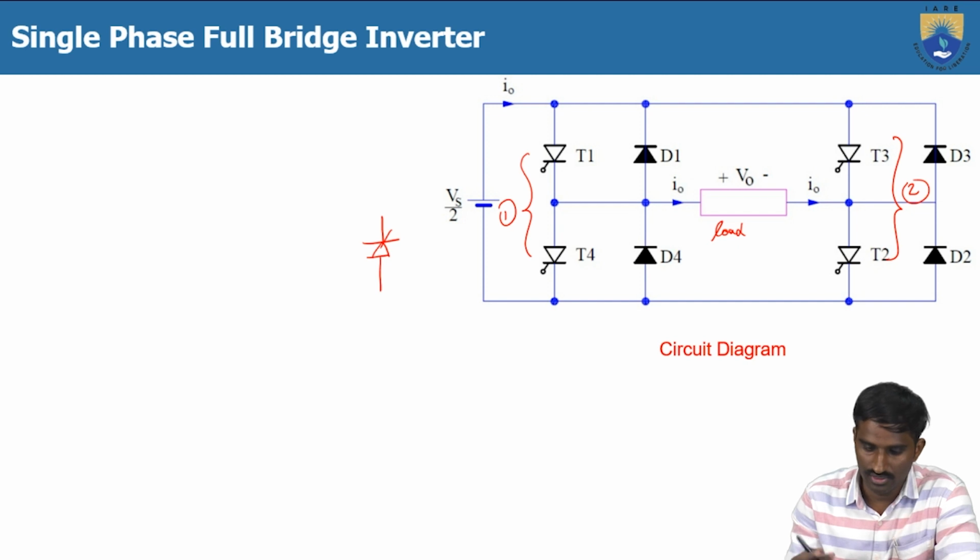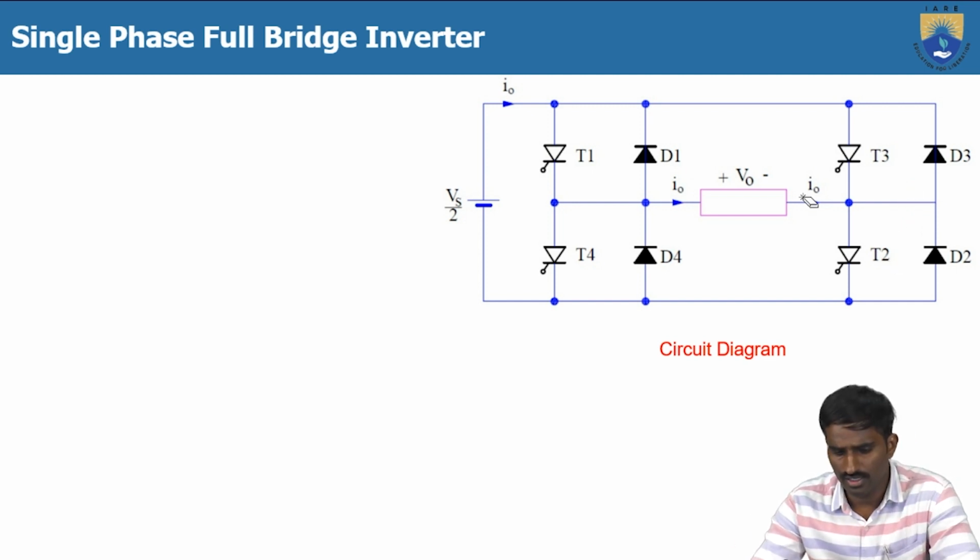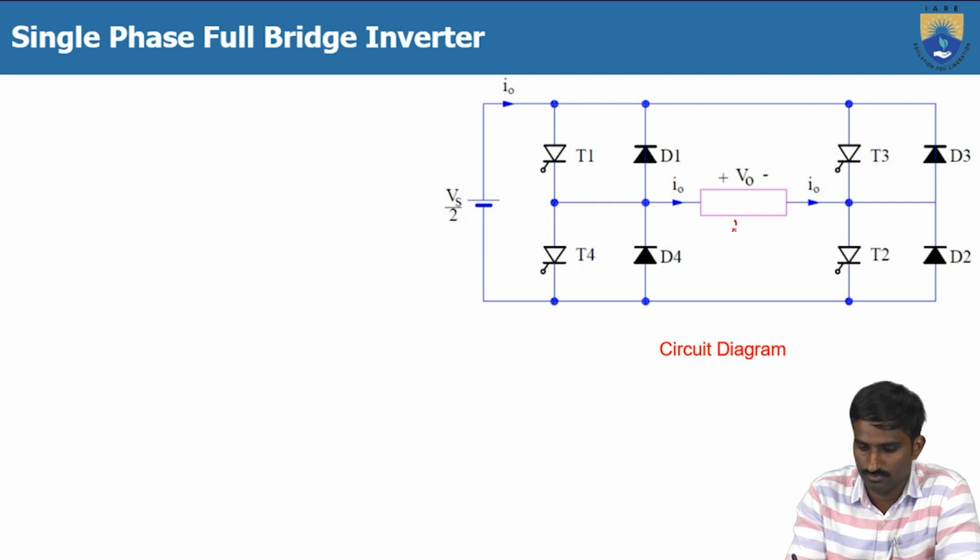Fine. Then we will go for the operation of this inverter. Here, of course, mainly we use these thyristors only. For our simple understanding, I am going to consider only R load.